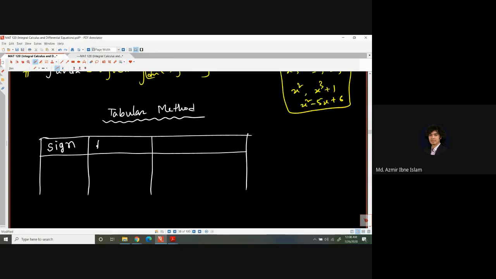The second column is for repeated differentiation. And the last column, that is the third column, is for repeated integration.